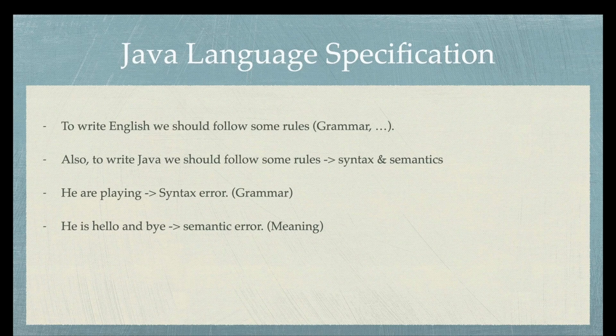Otherwise, it could give us syntax or semantic errors. For example, in the English language, the statement "he are playing" is incorrect. It is similar to a syntax error when you write Java programs. Once you start coding with Java, you will become familiar with the syntax slowly and steadily.